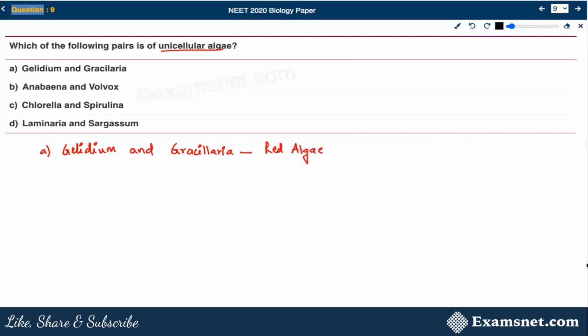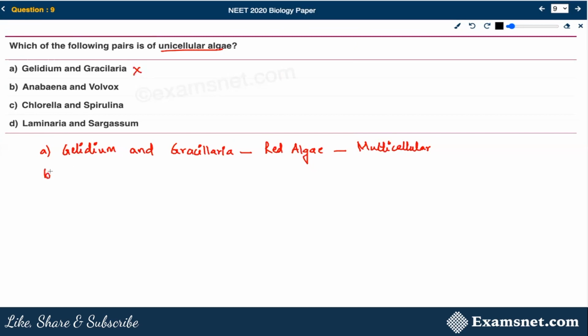They are not unicellular because they all are multicellular. Clear? This will be the case. While the option B says, so this will not be an option.